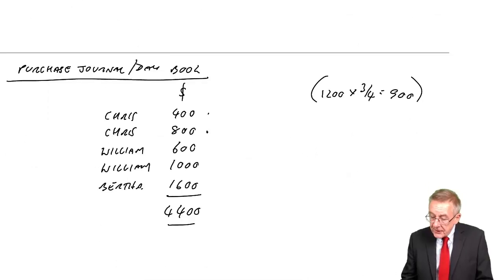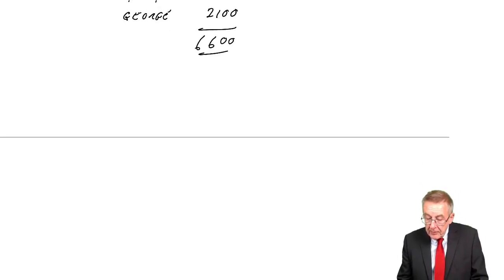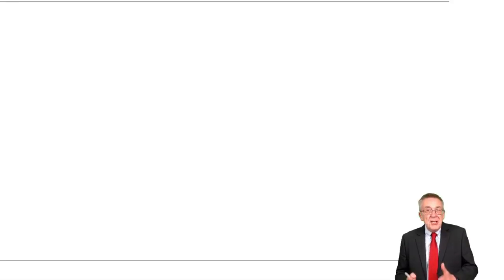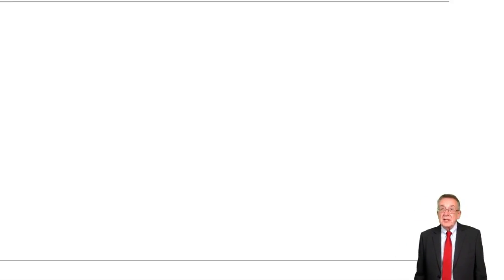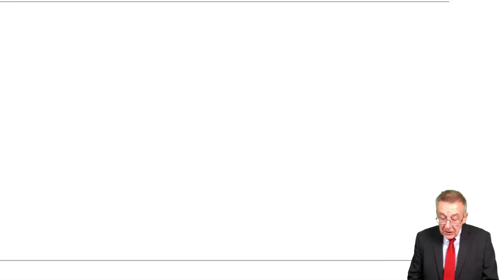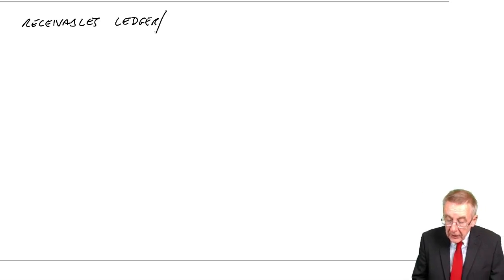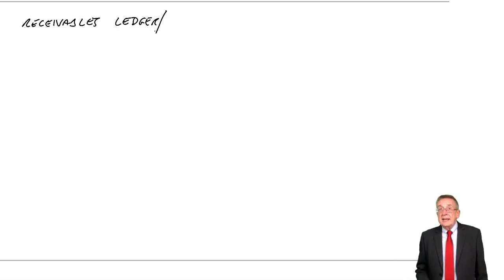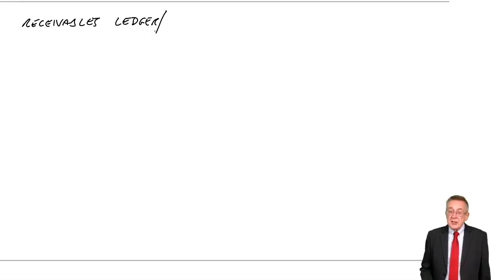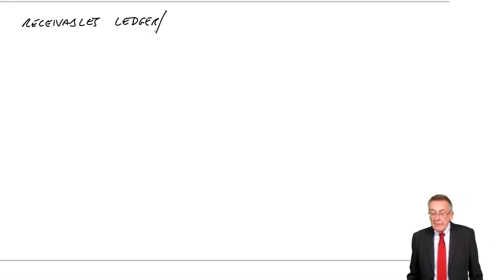First of all, customers. We'll have a book where we keep a note of how much customers owe us. And it's called the receivables ledger. Ledger's another word for book. Or I'm afraid there's another name as well, which isn't as obvious.